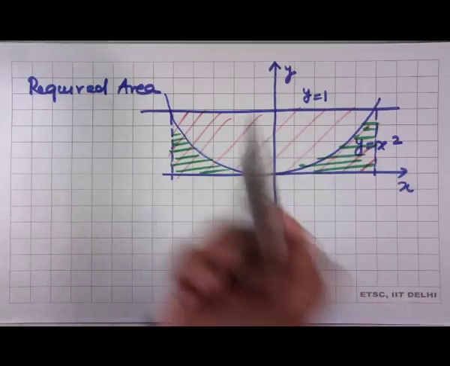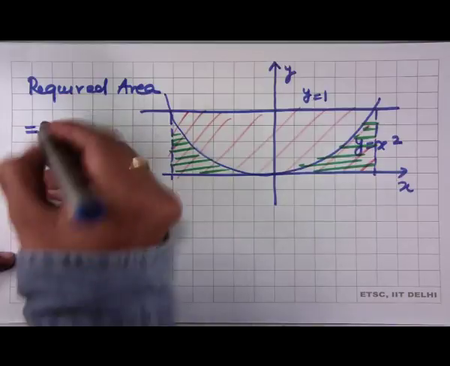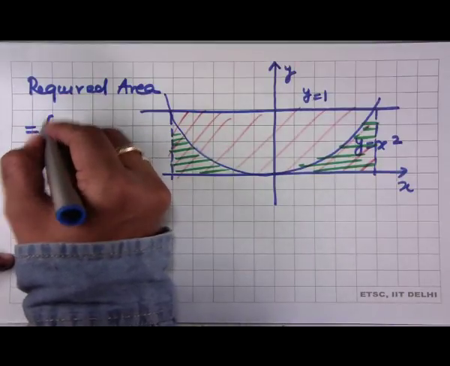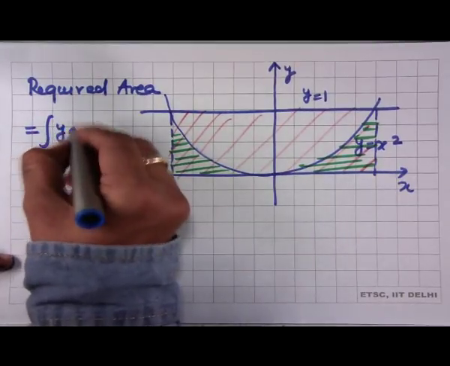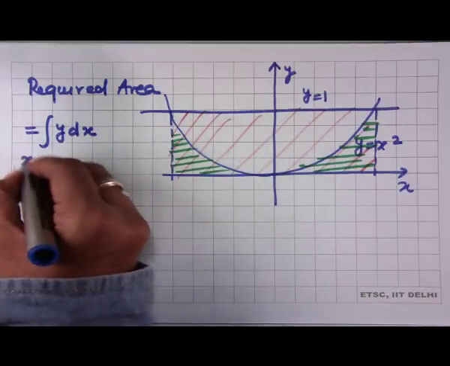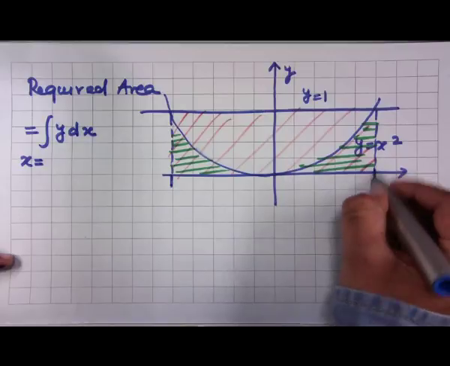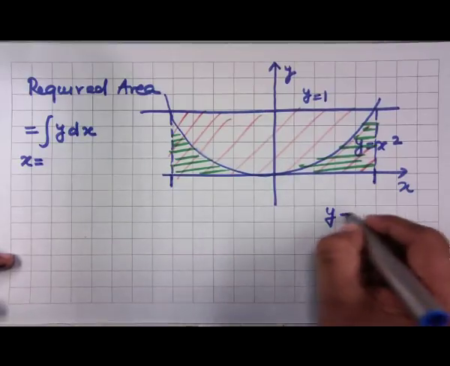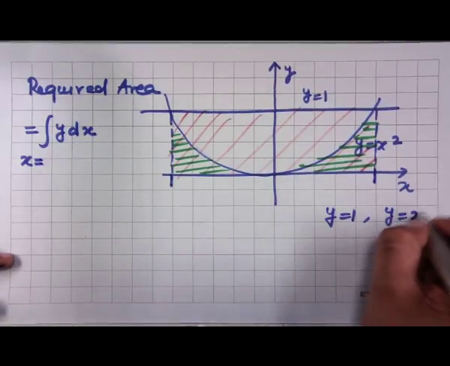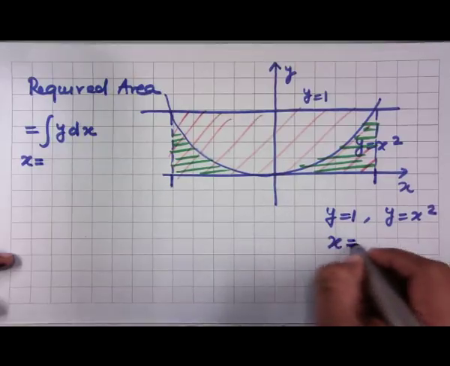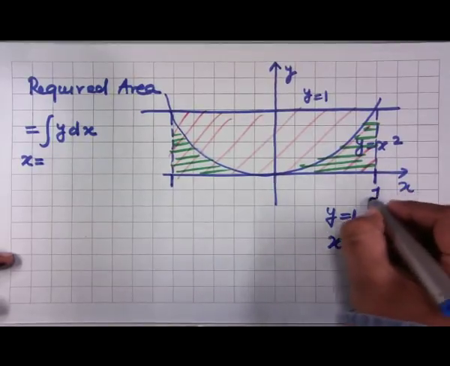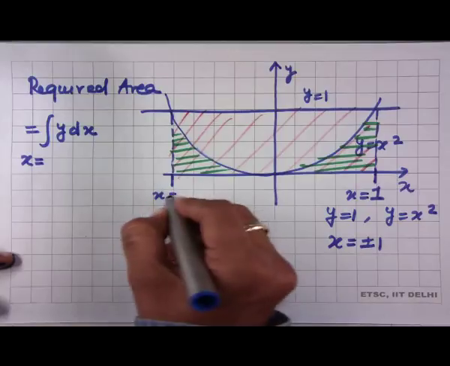So, the area shaded by red will be equal to y dx. X goes from, you have to find out this value and this value. For that you have to solve y equals to 1 and y equals to x square. That will give you x equals to plus minus 1. So, this is x equals to 1 and this is x equals to minus 1.